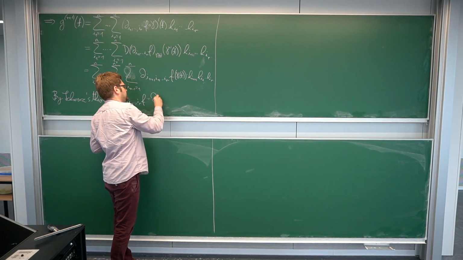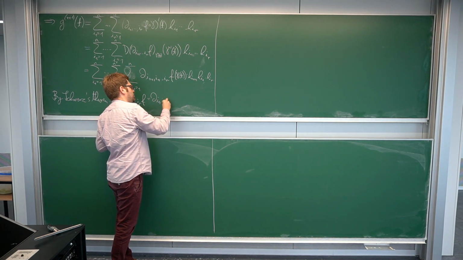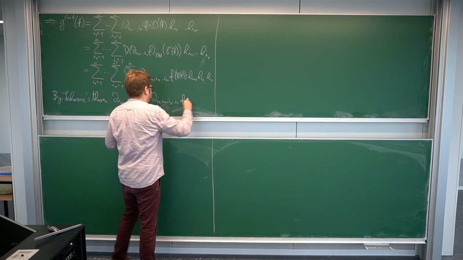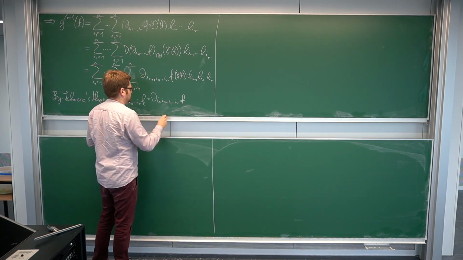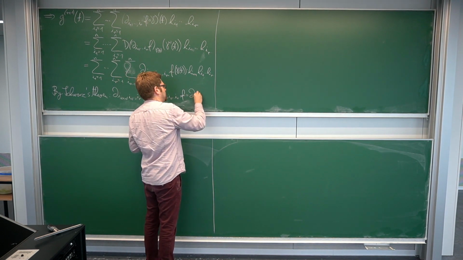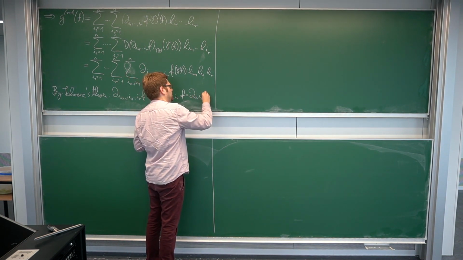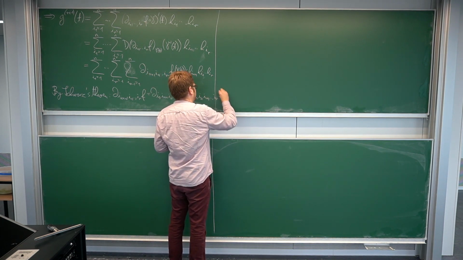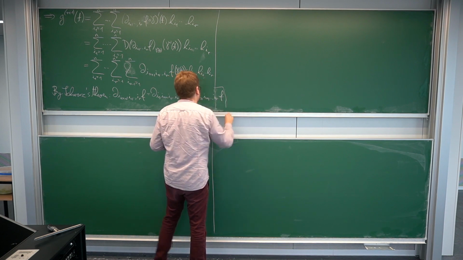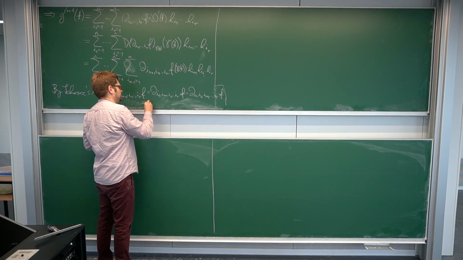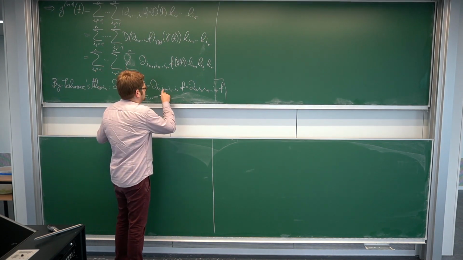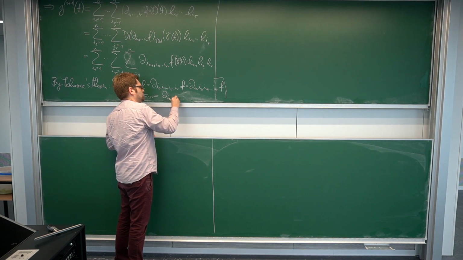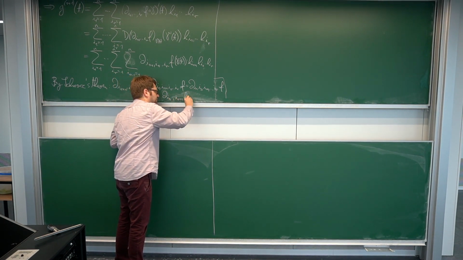So this is the same as ∂I1 I_{r+1}, then the next would be I2 to Ir of f, and now we could swap again, so this would be the same as ∂I1 I2 I_{r+1} and so on to Ir of f, and then we could swap again and again, and eventually, if we do this until this one has arrived at the end, this is the same as ∂I1 to I_{r+1} f.